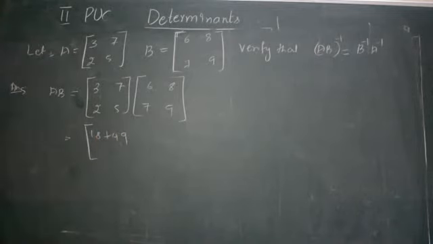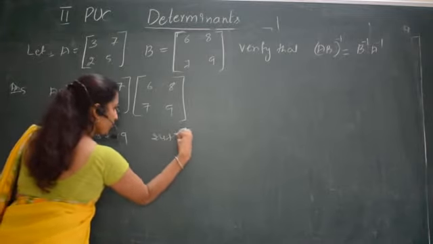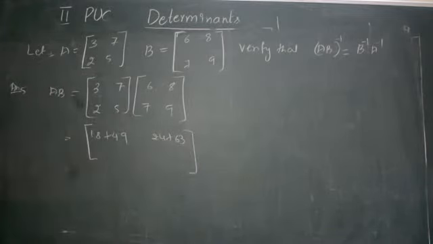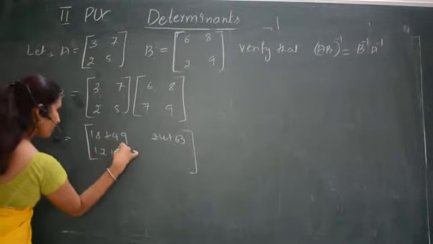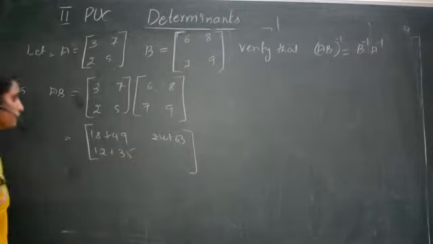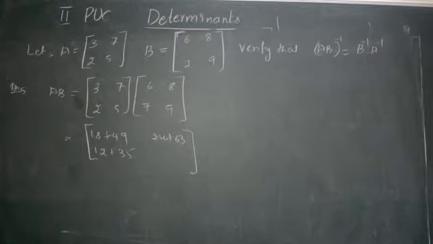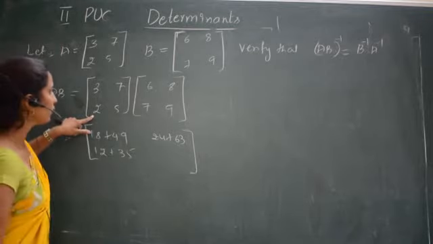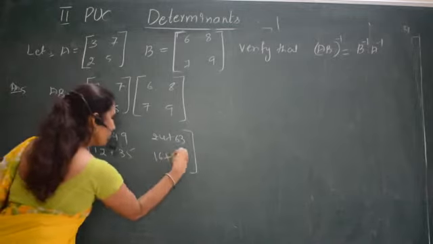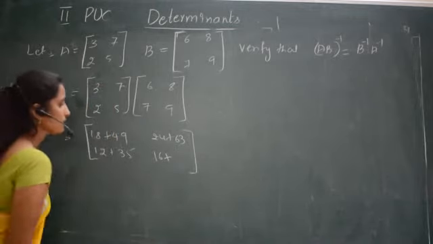The next one is 3 into 8 is 24, and 7 into 9 is 63. Next, 2 into 6 is 12, plus 5 into 7 is 35. Then 2 into 8 is 16, plus 5 into 9 is 45.